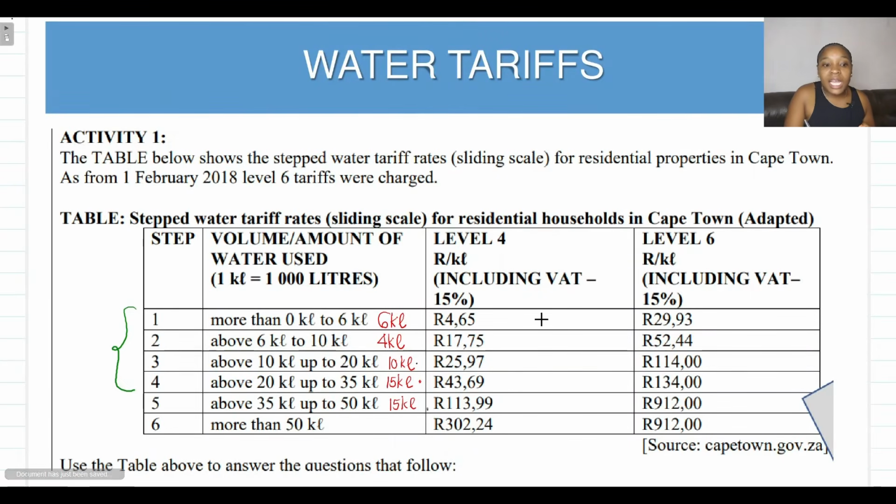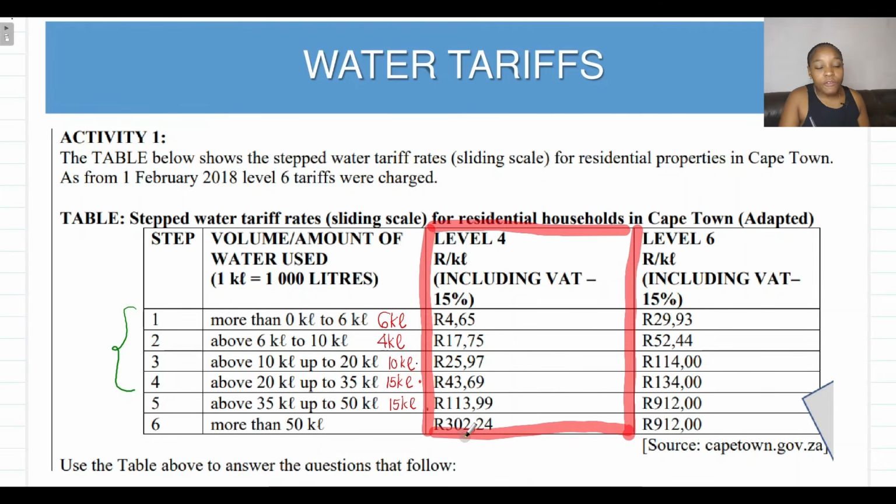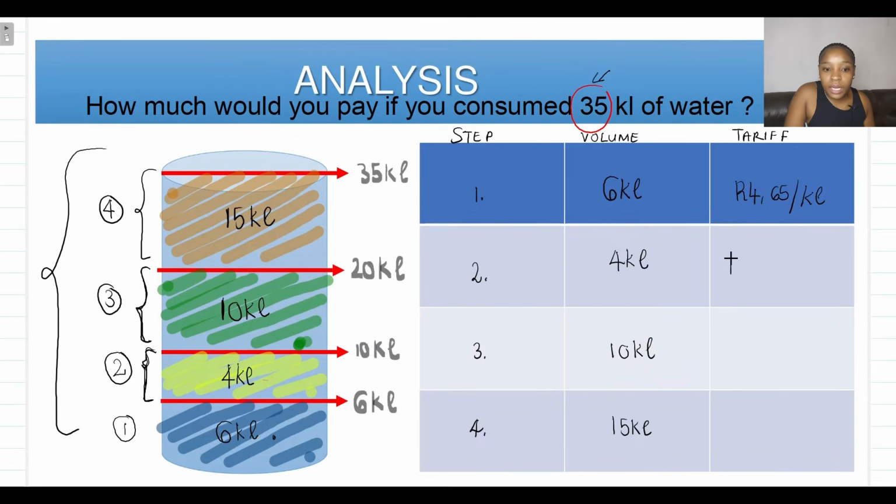In this case, guys, I'm just going to focus on the level 4 values for the point of this explanation. In the first step, you're charged R4.65 per kiloliter of water that you use. In the second step, you're charged R17.75 per kiloliter.